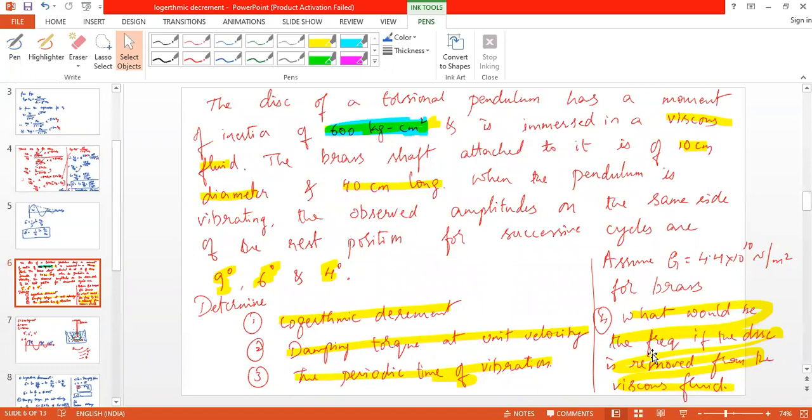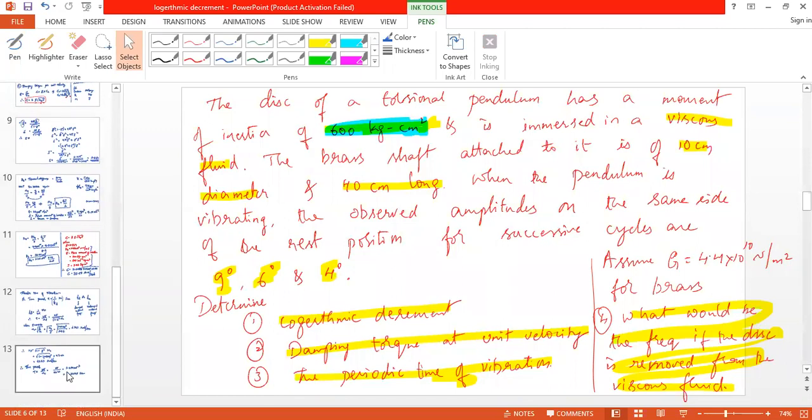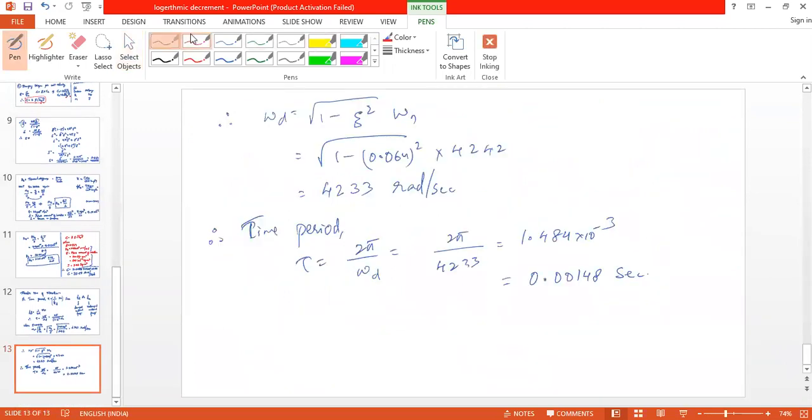And the last one is, what would be the frequency if the disk is removed from the viscous fluid? That is, what is the undamped natural frequency?